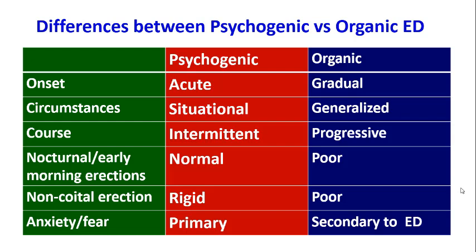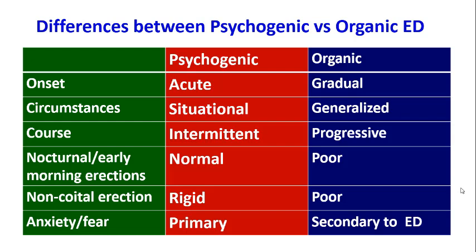After taking a history and performing examination, you are now able to differentiate between psychogenic and organic erectile dysfunction using these criteria. The criteria include the onset, circumstances, course, nocturnal and early morning erection, non-coital erection, and anxiety and fear.